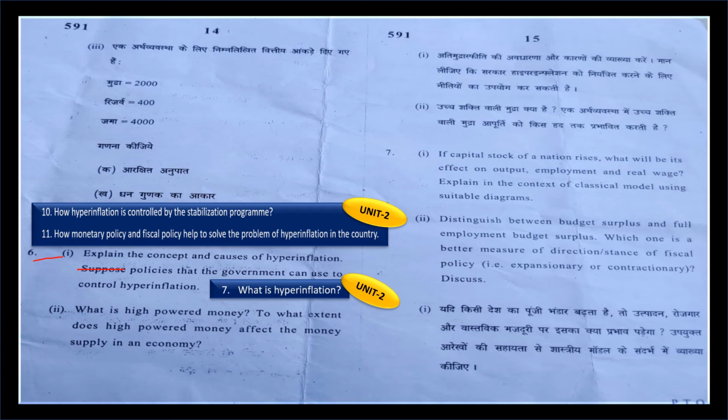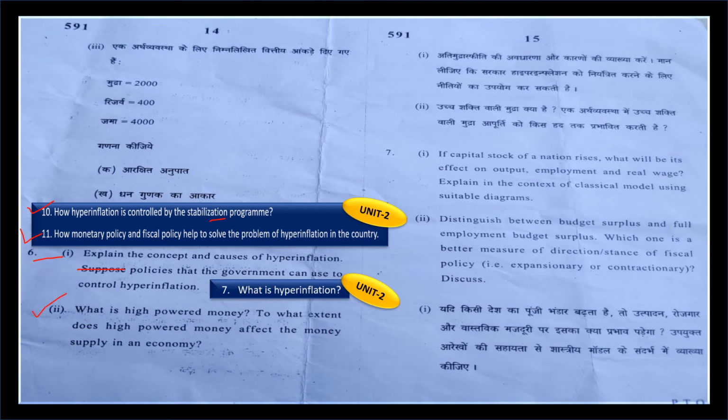My question 7 was, what is hyperinflation? Question 10 was, how is hyperinflation controlled by the stabilization program, that is monetary and fiscal policy? How do monetary policy and fiscal policy help to solve the problem of hyperinflation in the country? This was my guess question and I requested every one of you to prepare it very well, and it came in the exam as well.